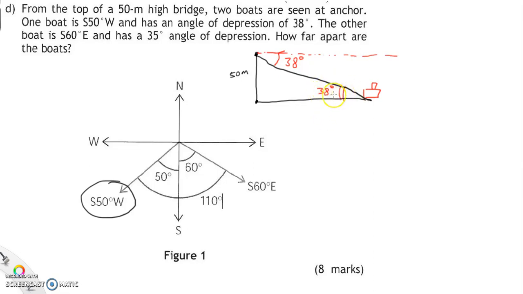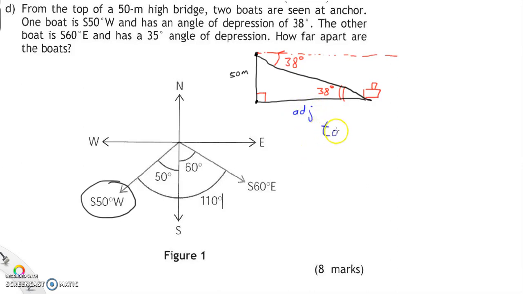From the point of view of the boat, this 50 meters is the opposite. This is a right angle triangle, so this here is the adjacent.